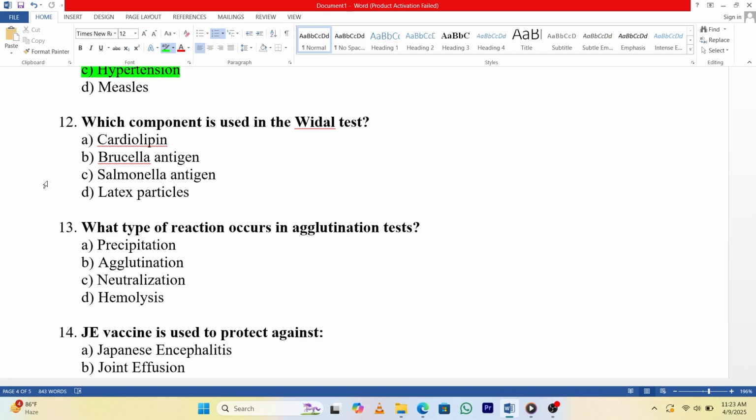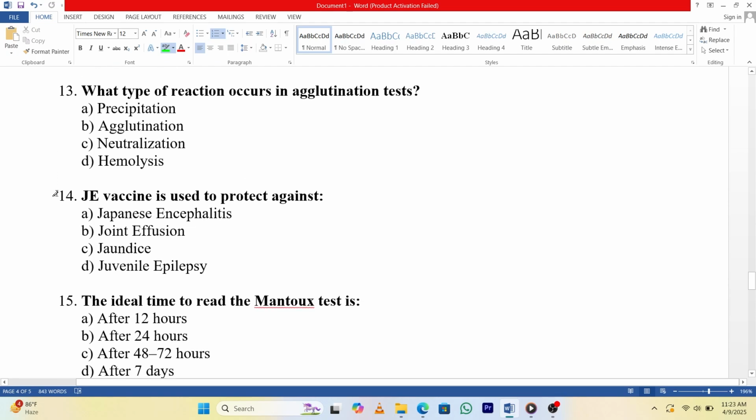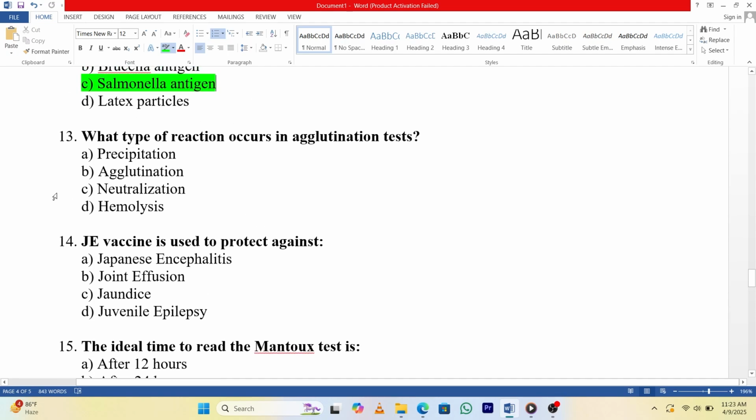C. Salmonella antigen. D. Latex particles. Answer, C. 13. What type of reaction occurs in agglutination tests? A. Precipitation. B. Agglutination. C. Neutralization. D. Hemolysis. Answer, B.